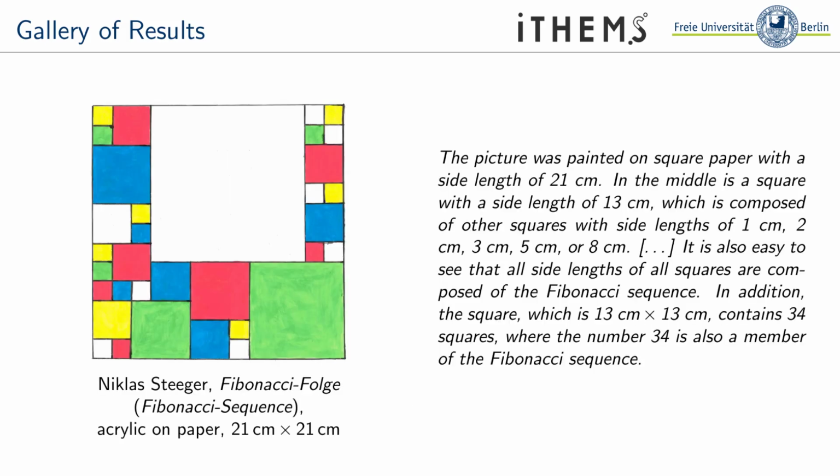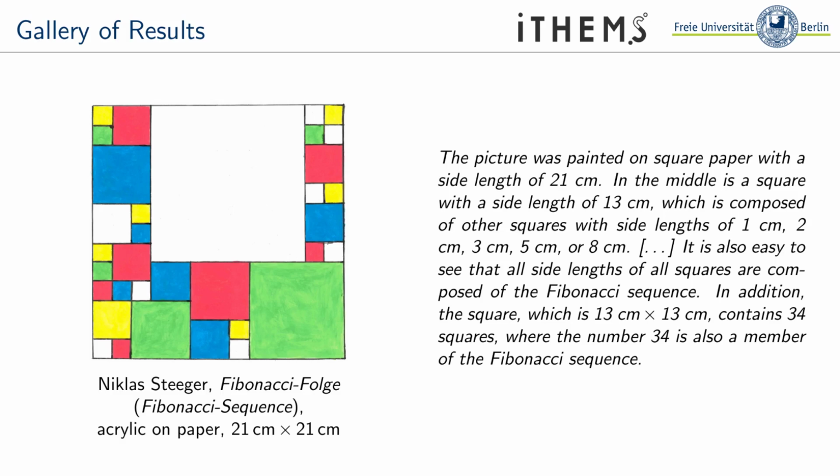The picture was painted on square paper with a side length of 21 centimeters. In the middle is a square with a side length of 13 centimeters, which is composed of other squares with a side length of 1 centimeter, 2 centimeters, 3 centimeters, 5 centimeters, or 8 centimeters.